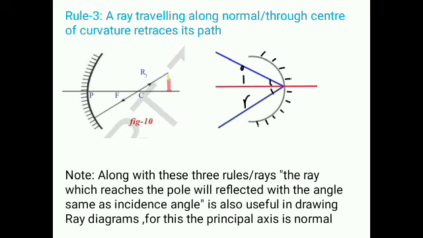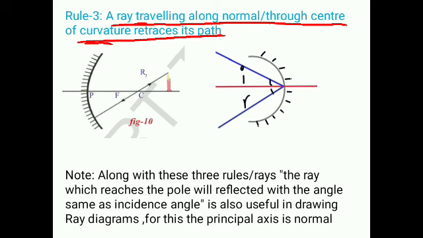Rule 3. A ray traveling along normal or through center of curvature retraces its path. This is concave mirror. This is candle.